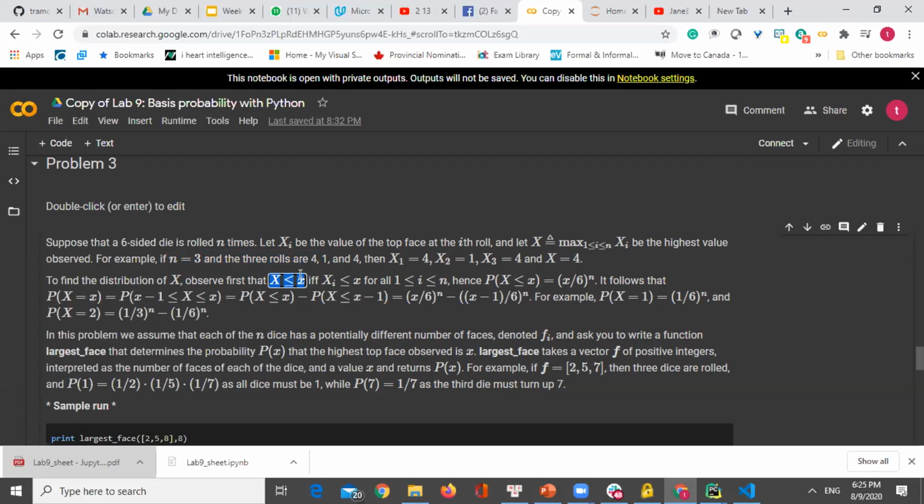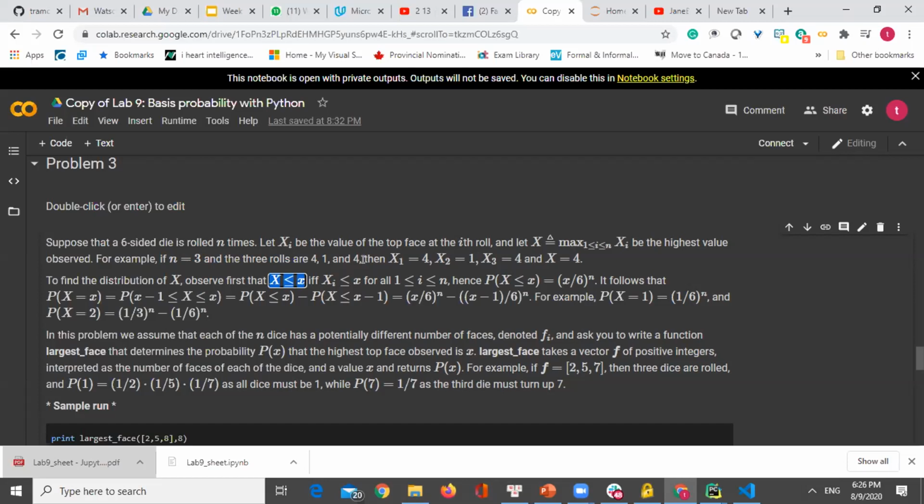To find the distribution of probability of a random variable, we take the probability that this value is less than or equal to x.